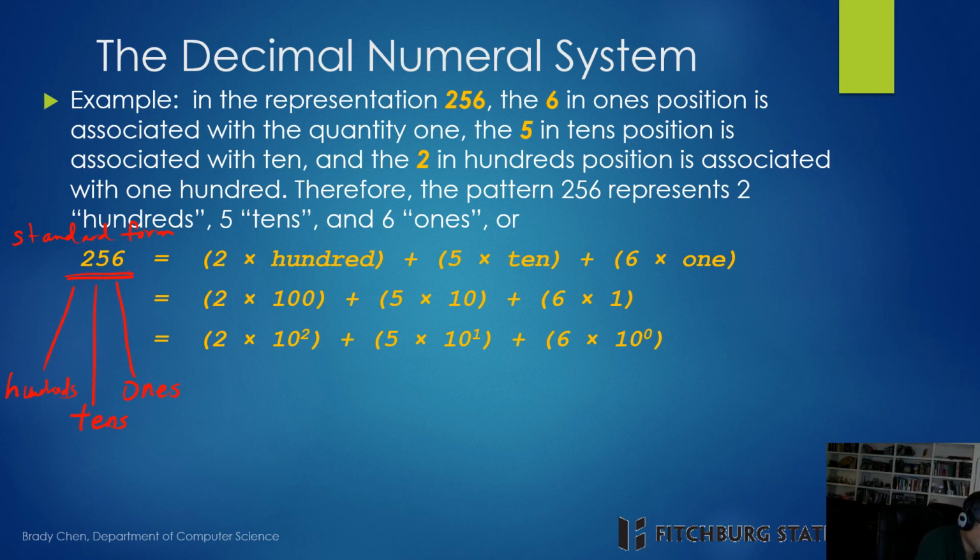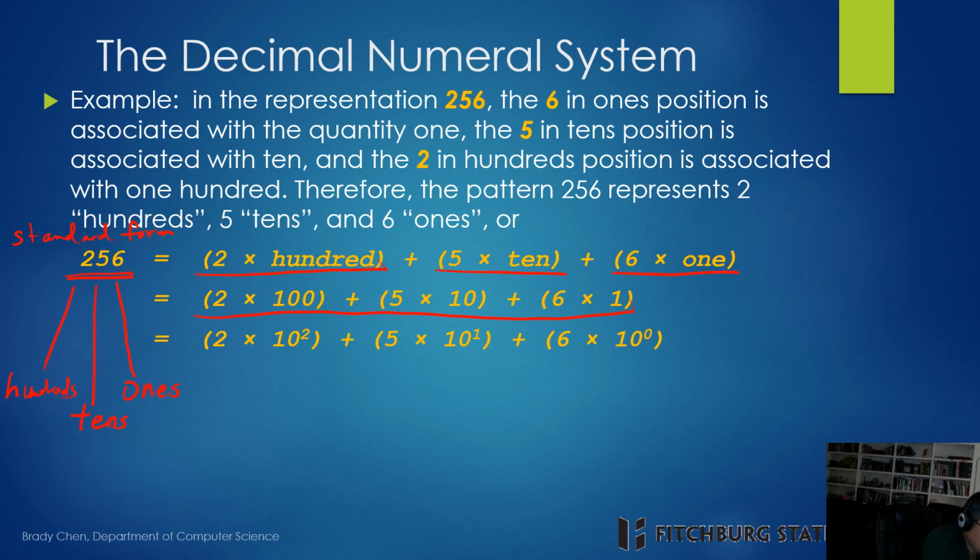So for 256, we can write 6 times 1, 5 times 10, as 5 is in tens position, and 2 times 100. Or we can write it in the digital form, so it's just 2 times 100 plus 5 times 10 and 6 times 1.